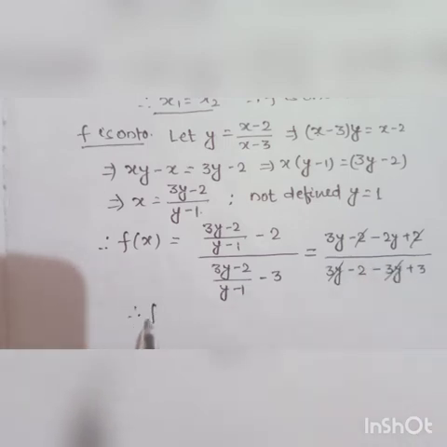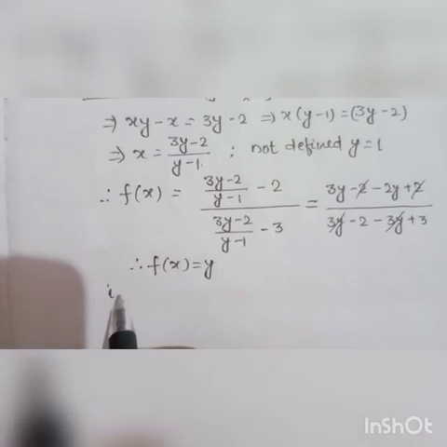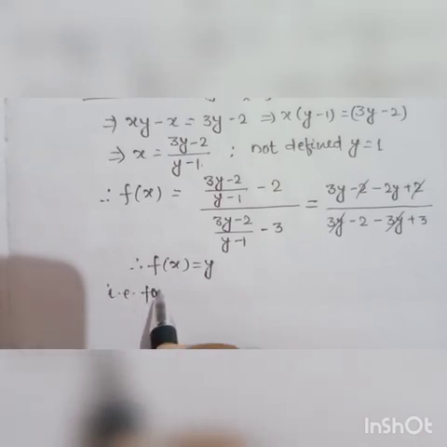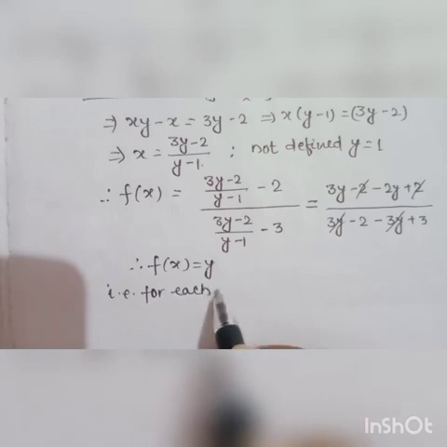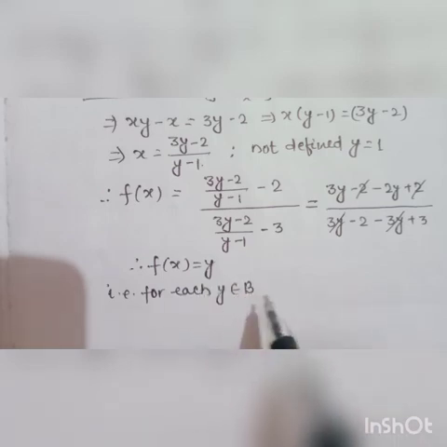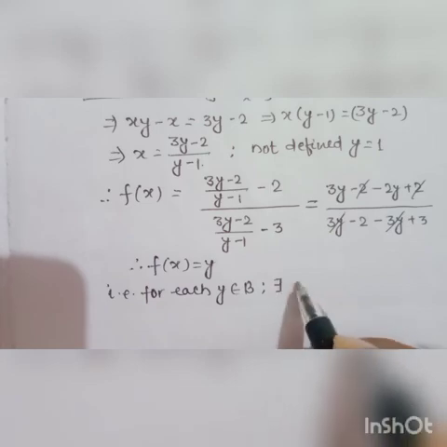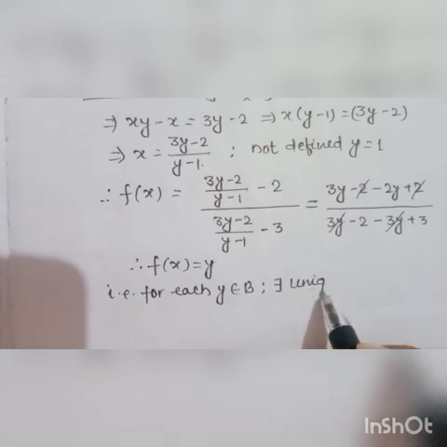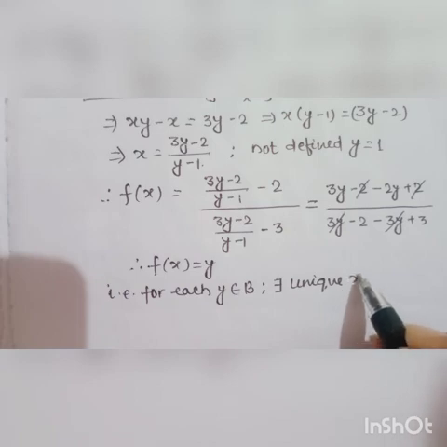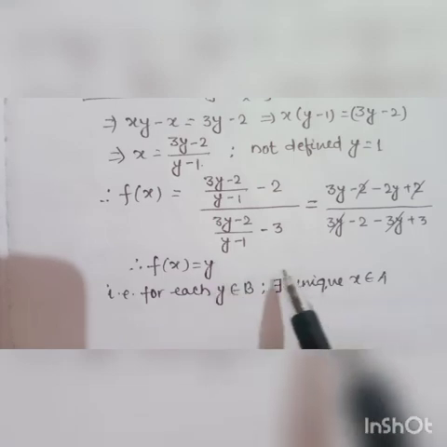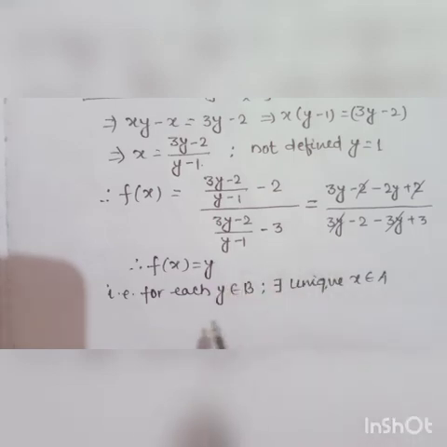Therefore f(x) is equal to y, which proves that for each y belonging to B, there exists a unique x belonging to A such that f(x) is equal to y, hence f is onto.